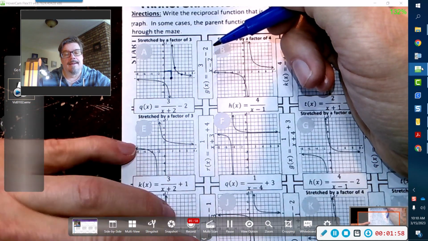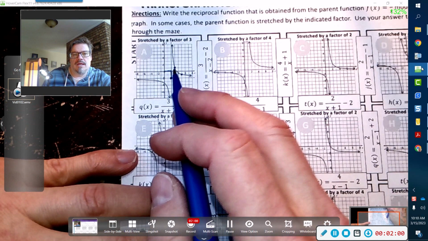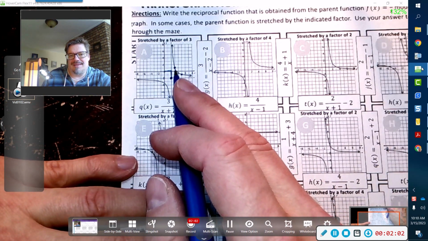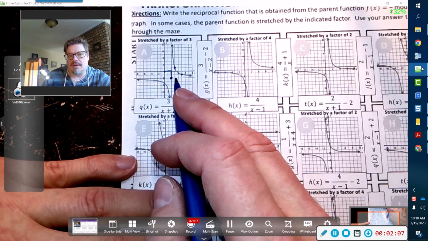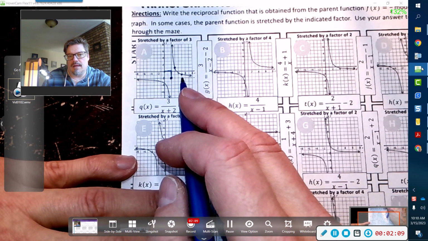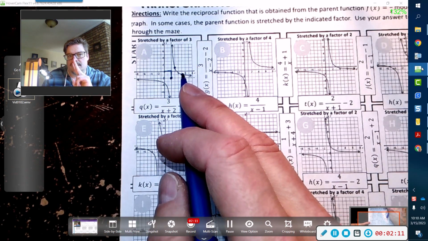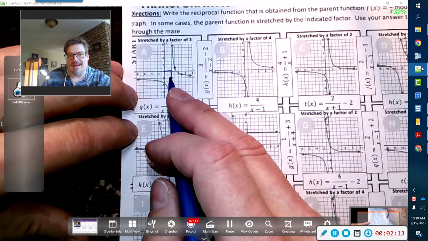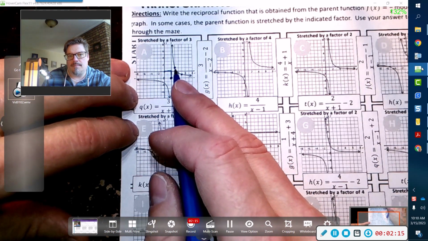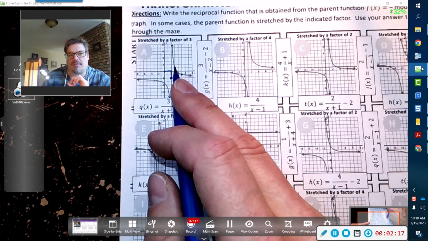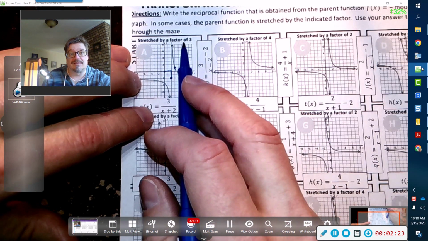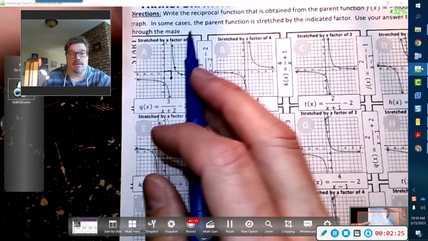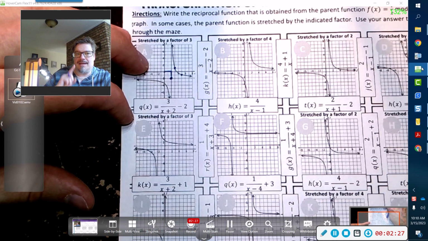If you need to graph this, remember that that is a stretch of 3, because from the center here, my curve went 1, 2, 3, 1. Those two coordinates multiplied together produce 3. And here, 1, moving up 3, those two coordinates produce 3 when you multiply them together. So that is why this is 3, and that's why this is called a stretch by a factor of 3. Okay? So keep that in mind because that is going to be on the test.